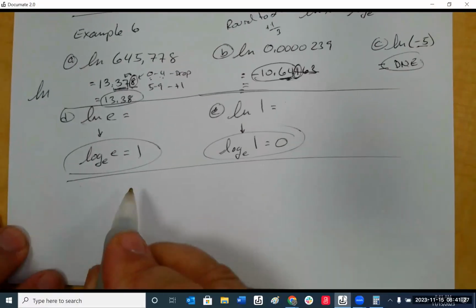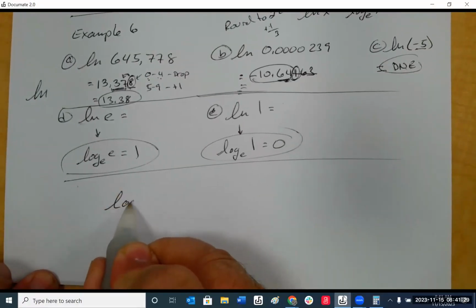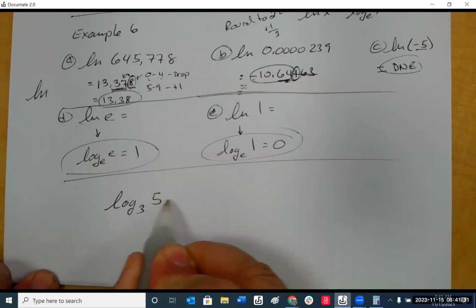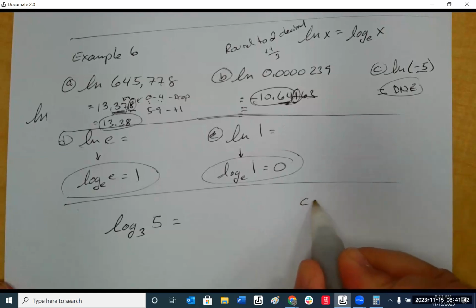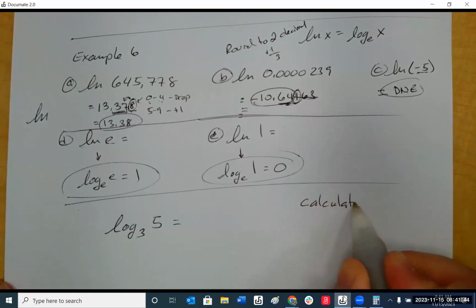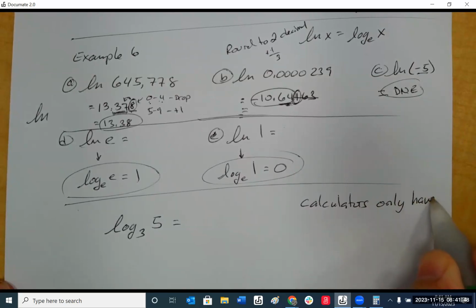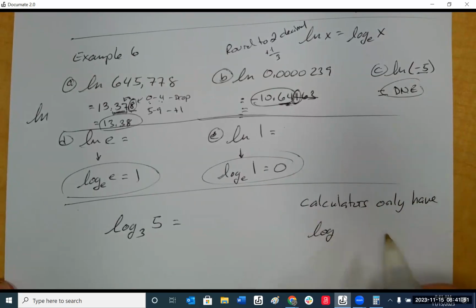So if I gave you this equation, you couldn't do it on a calculator because all it has is ln and log. Only have log x and ln x.